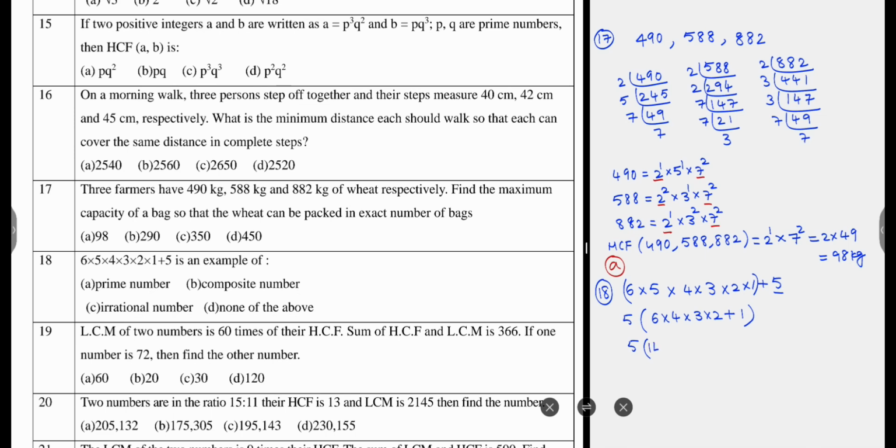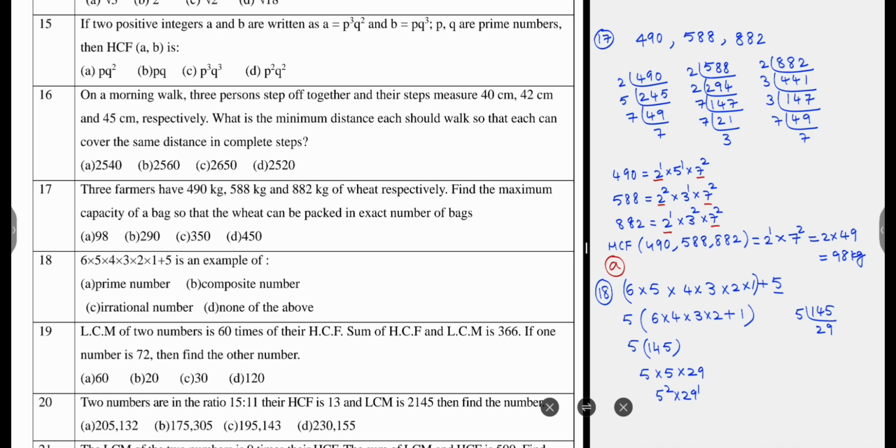It is 5 into 145. 145 can be written as 5 table: 5 twos are, 5 nines are. So we can write it as 5 into 5 into 29. That can be written as 5 to the power of 2 into 29.